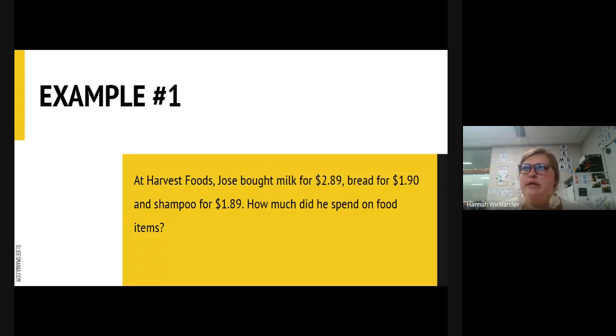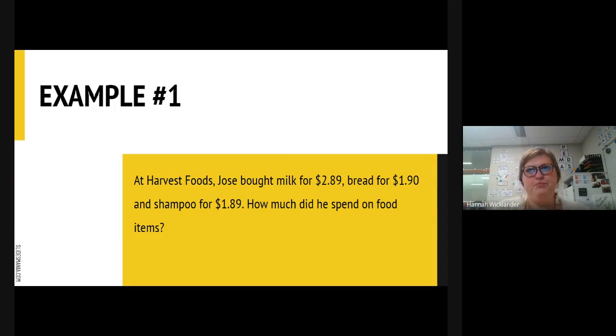So I don't need the information that isn't about food. Since the shampoo is not food, I don't need that information. So what I do need is the price of the milk and the price of the bread to solve the problem. That's all we're doing in this lesson, looking at it and figuring out what we need to solve the problem.